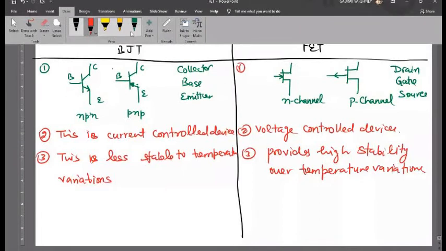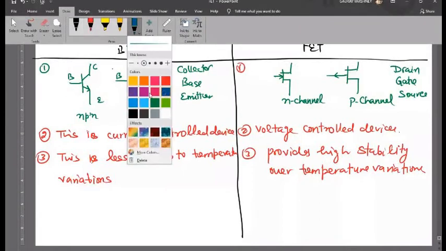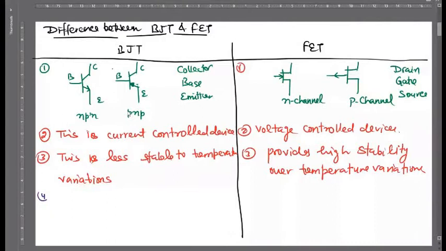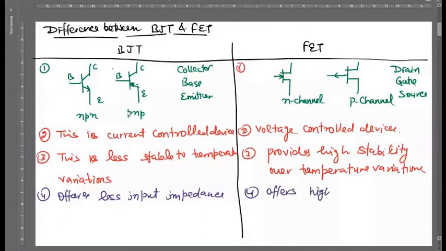Okay, and the next one: BJT offers less input impedance. Last time I told you that for making an amplifier, the input impedance should be very high and the output impedance should be very small.